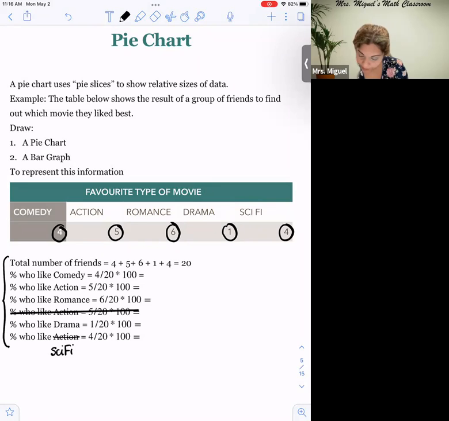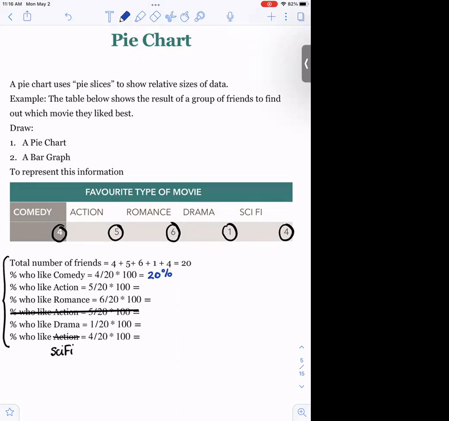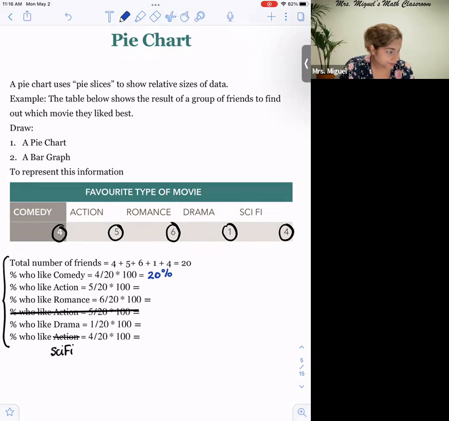So 4 divided by 20, I have 20%. For the percentage of persons who like comedy, I got 20%. Do you all have that? Yes, ma'am. Right? Action, 25%. Romance, 30%.